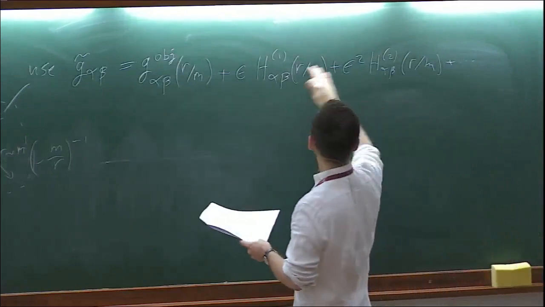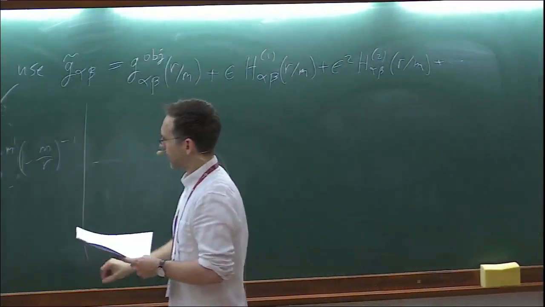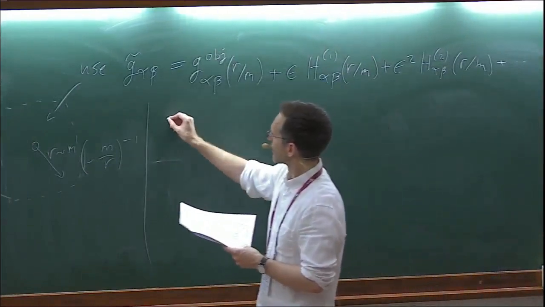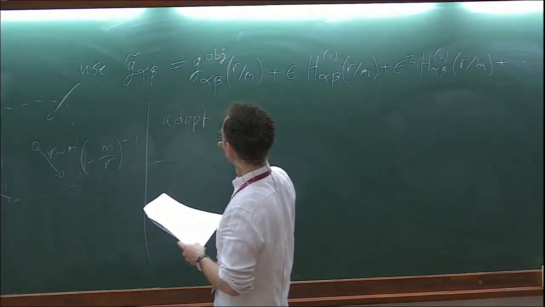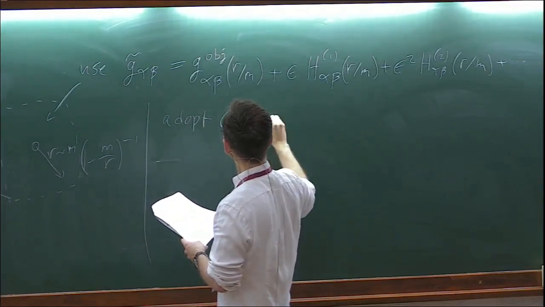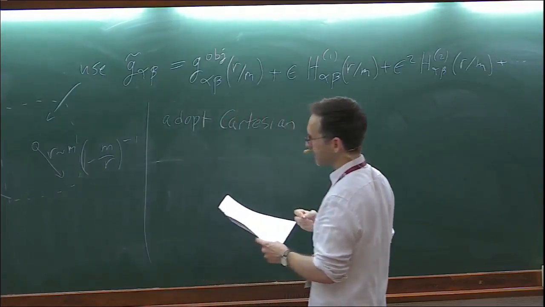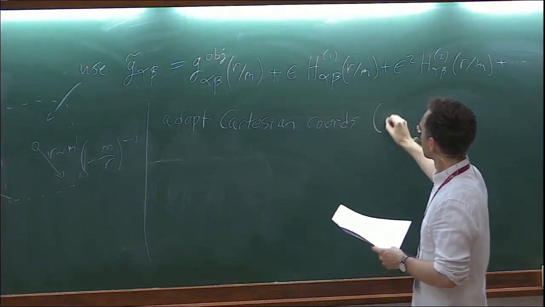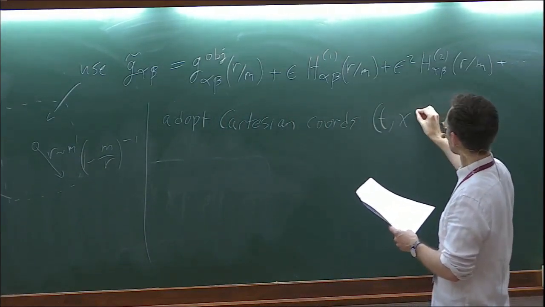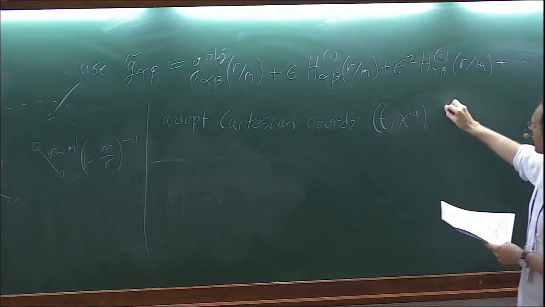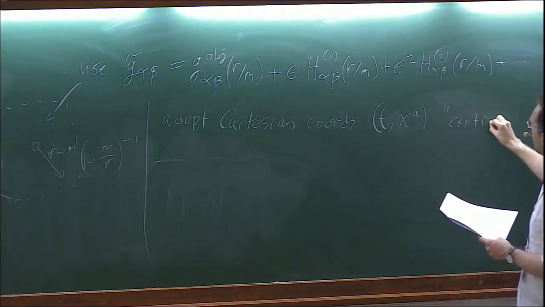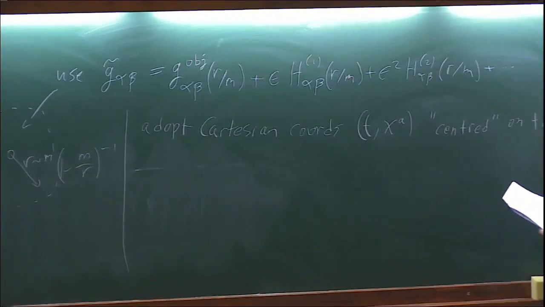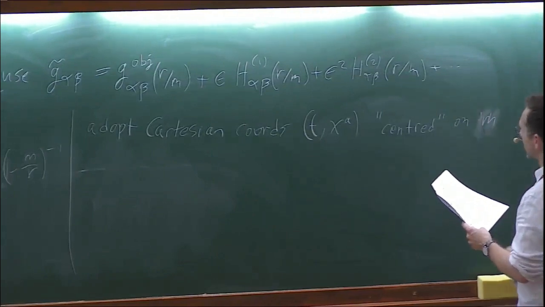So this is kind of the schematic structure, but now let's make it a bit more concrete. Let's adopt Cartesian coordinates, or pseudo-Cartesian, or quasi-Cartesian coordinates, t, x^a, that are centered in some suitable way on the small object, so on little m.